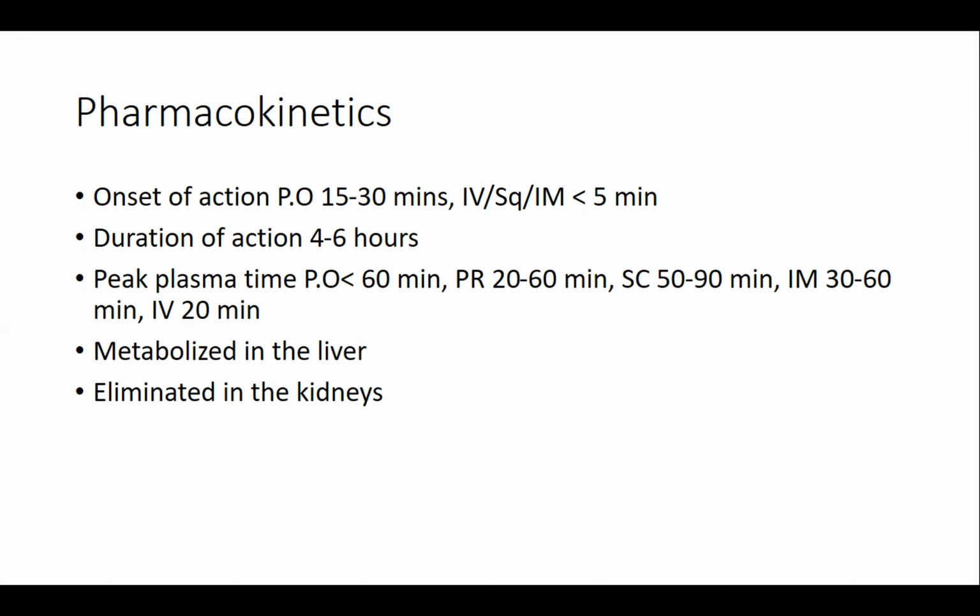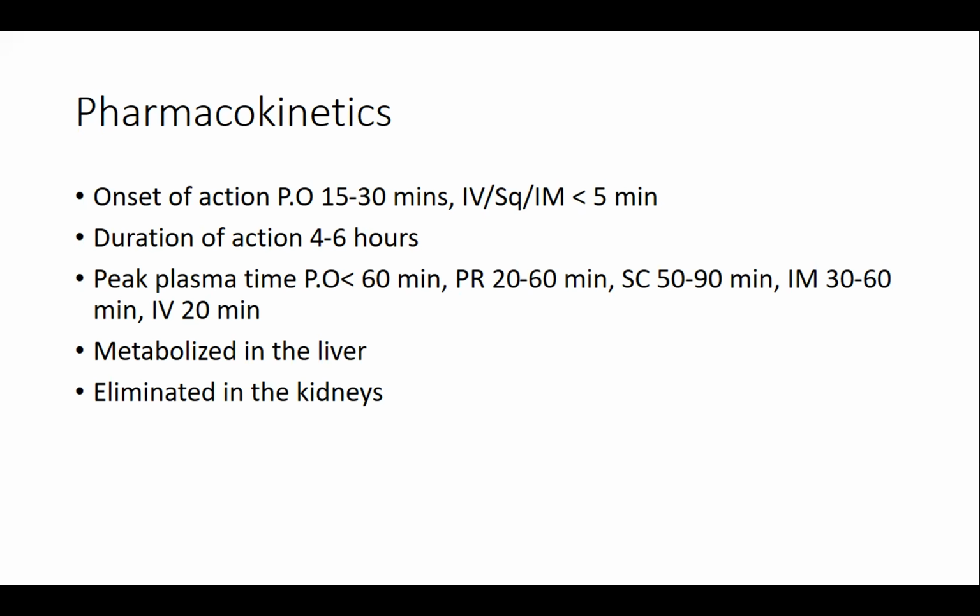IV is shorter, that is in 20 minutes. And what happens is, if a patient tells you they still have pain, maybe 2 hours after you gave them the oral morphine dose, based on your assessment and evaluation of the patient, it might be useful to give them what we call the breakthrough dose.